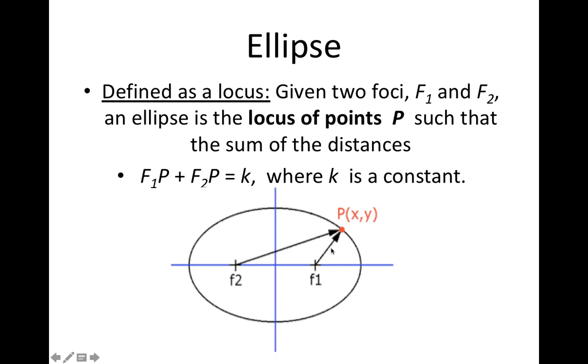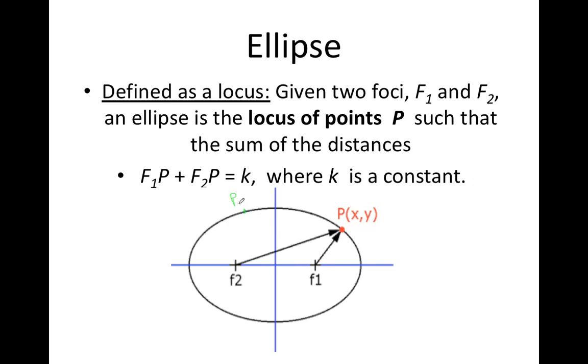The way we can define an ellipse as a locus of points geometrically is that it's the locus of points such that the sum of the distances to 2 points, not one, is the same as for any other point on the ellipse. Let me show you a different point here.